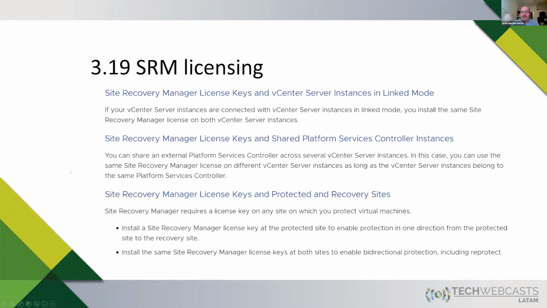Importantly, with licensing, we have some considerations, but I think the most important part is that you have to have licensing in the protected site. If you want to protect 100 VMs, you have to have Site Recovery Manager licensing that will protect those 100 VMs in the source site. However, if you want to do bidirectional protection, then you must also license your recovery site.